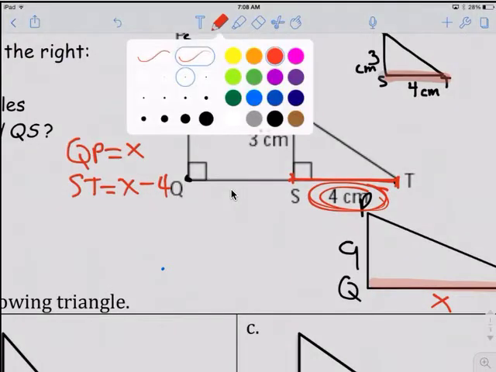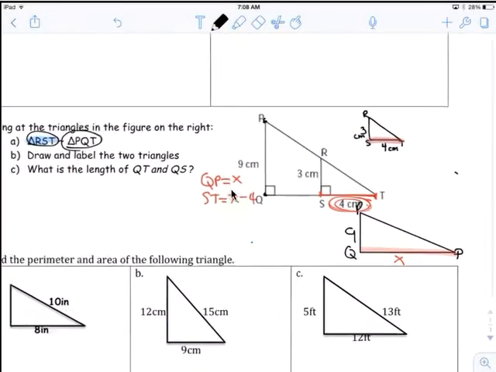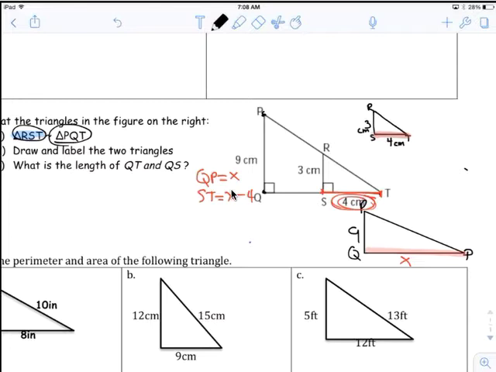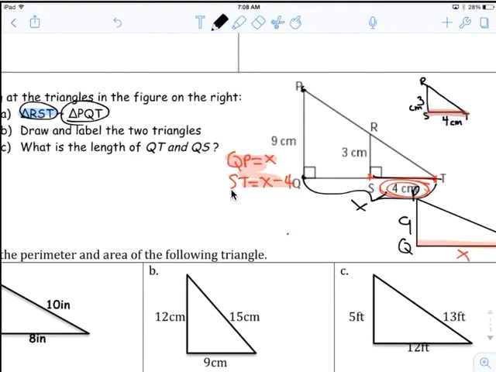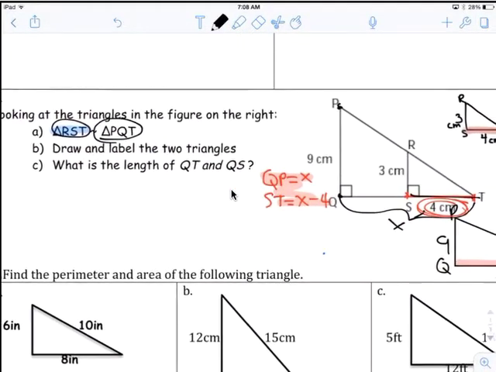Okay? So then you do proportional sides. Kids have a hard time doing this for some reason, because it's the whole thing, which is called X, minus that 4. Minus that 4 is called the ST part. I don't get it, but kids, for some reason, don't see it.